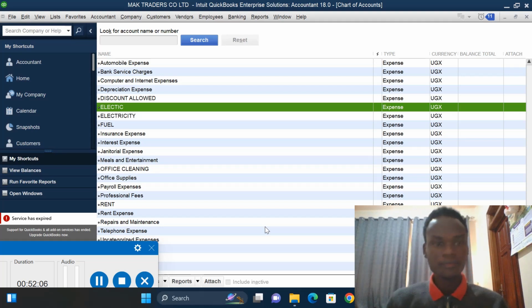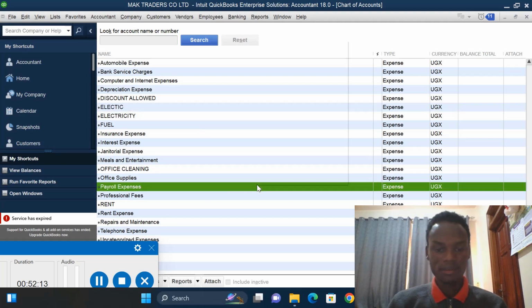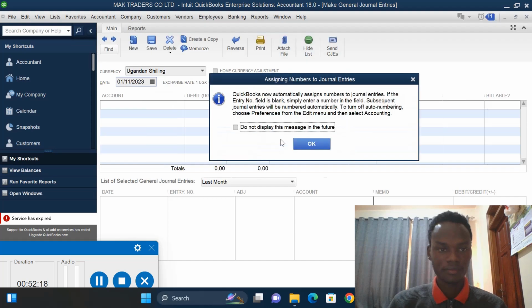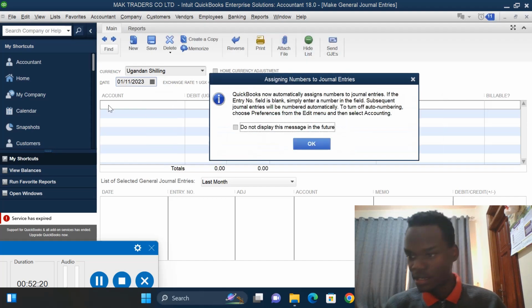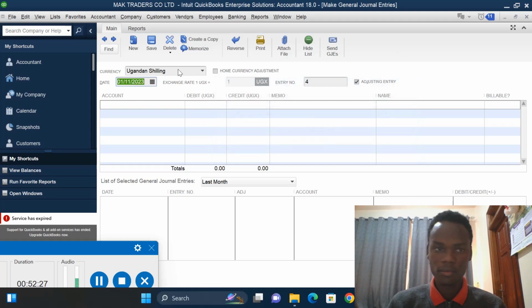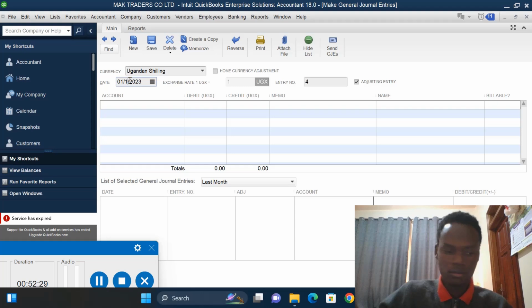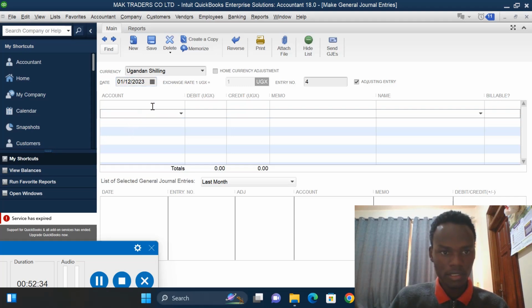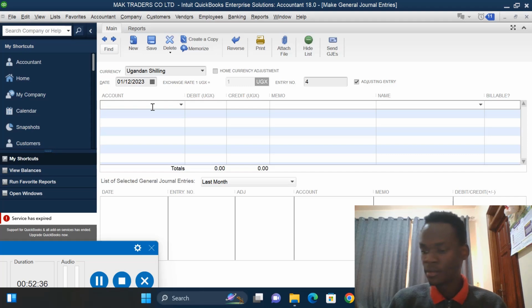Okay, so we come and then we shall create our general journals. So make general journals. That date is not given, so we can use true. So here we can have our fuel account.